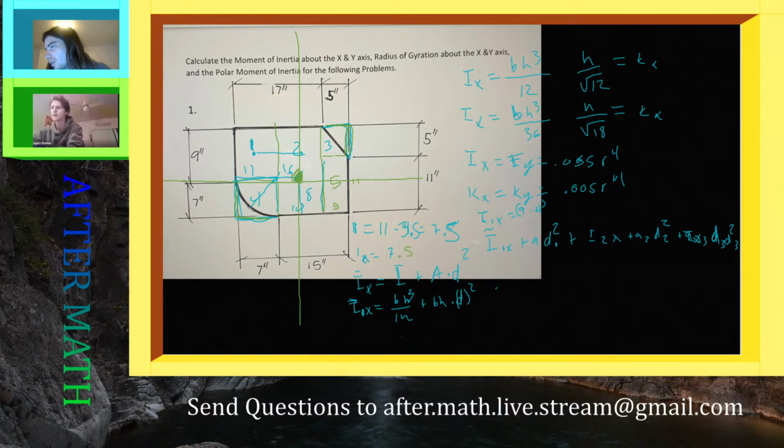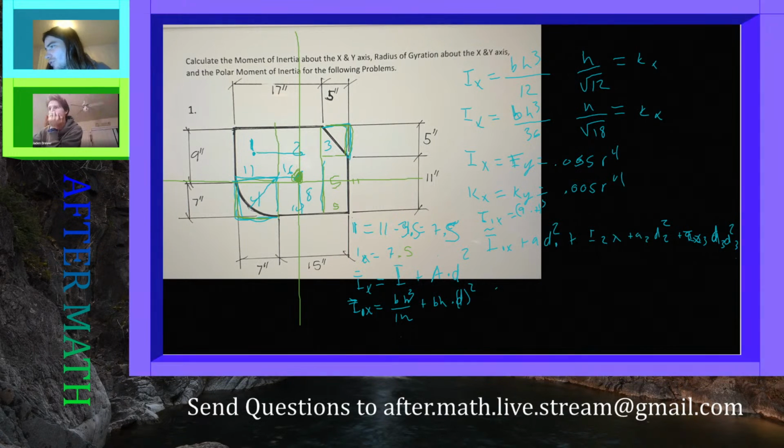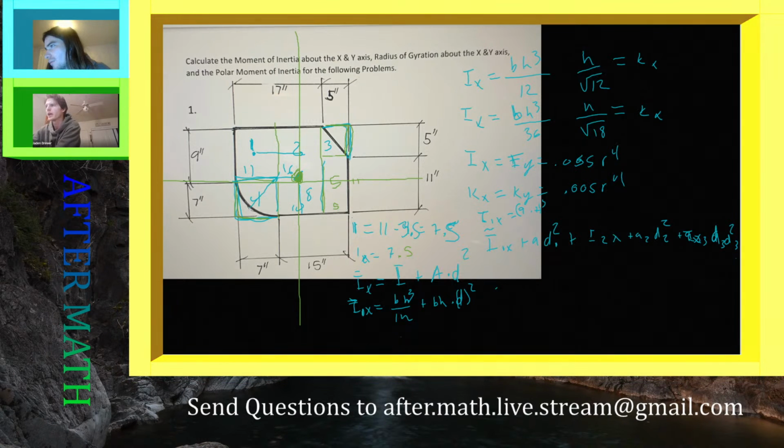Radius of gyration is the root mean squared distance of a particle's axis formula. So we've got r squared 1 plus r squared 2 plus r squared 3 divided by n. Oh, that's what you wrote down, right? The h divided by square root 12. That's for the rectangle.